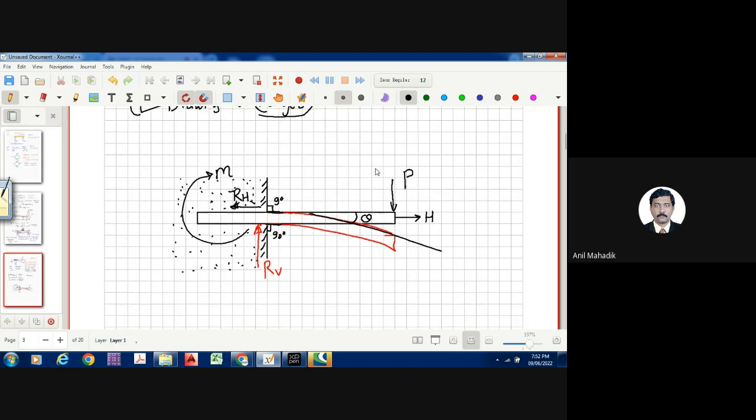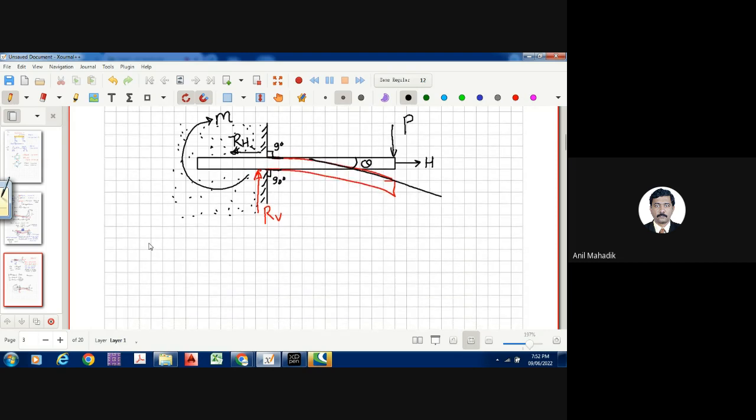So I can say here, horizontal and vertical reaction possible hai kya? Horizontal reaction possible. Why? Why horizontal reaction possible? Because horizontal displacement is not possible.